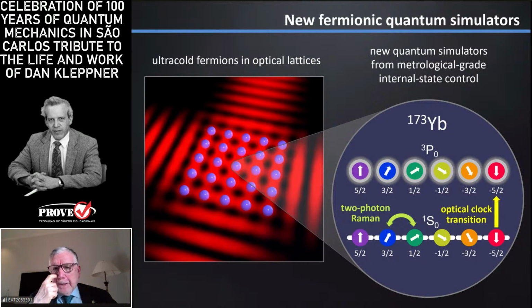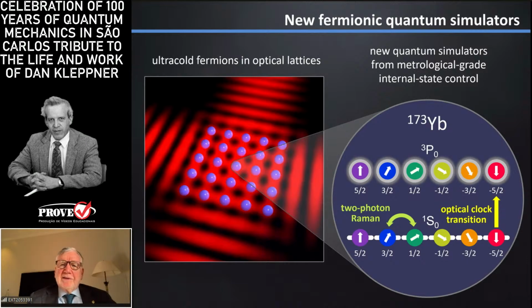About 15 years ago, we started with a new atom, ytterbium, which has two electrons, and so the ground state has zero angular momentum, like helium. The spin for this atom can only come from the nucleus.